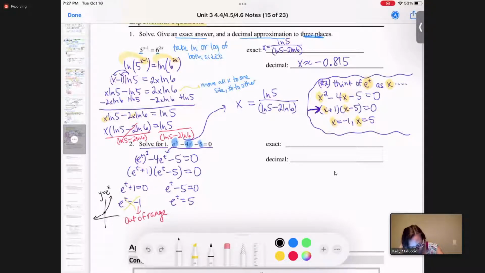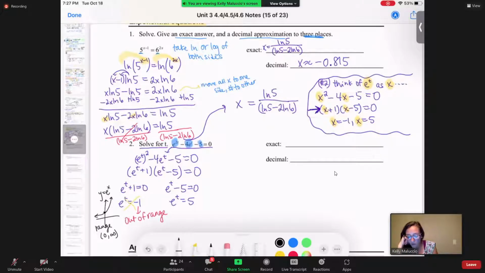Okay, my curve is actually horrible, but okay, that's maybe better, but you get it, right? So my e to the x is here. My range is 0 to infinity. It's all positive numbers, right? So e to the x or e to the t cannot equal -1. That'll be imaginary or who knows, right? So that does not exist.